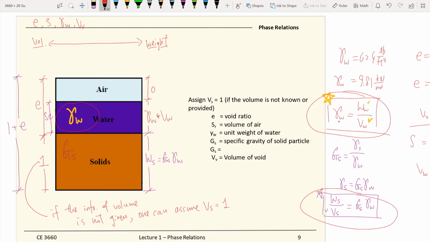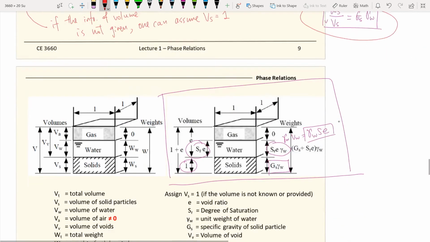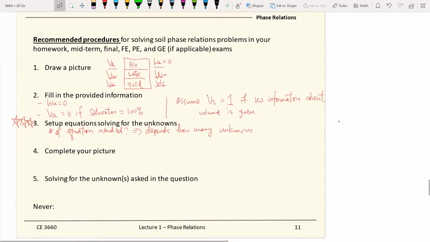You know one of them, then you can find out the other one. So don't forget you have two equations that are very useful: the unit weight of water is equal to the weight of water divided by the volume of water, and also G sub S is equal to the unit weight of the solid divided by the unit weight of water.